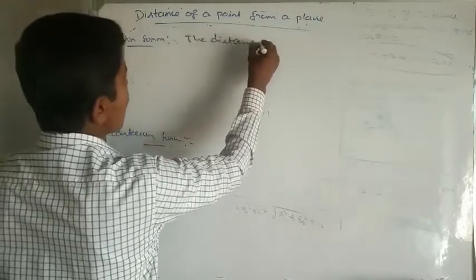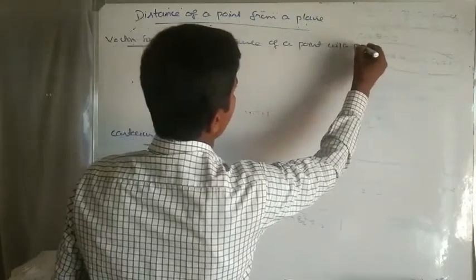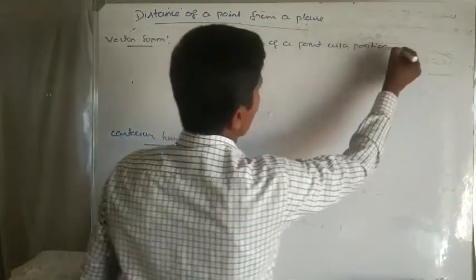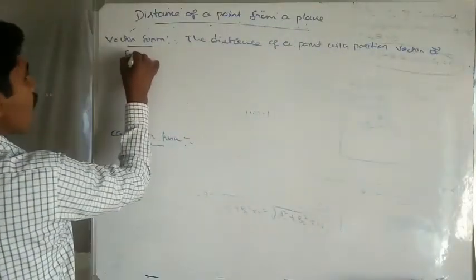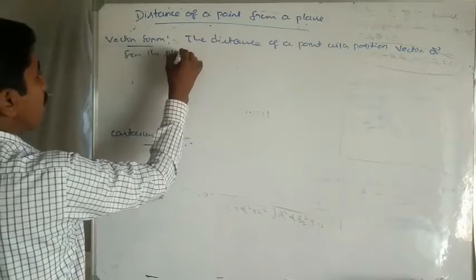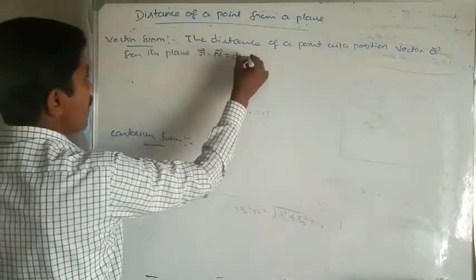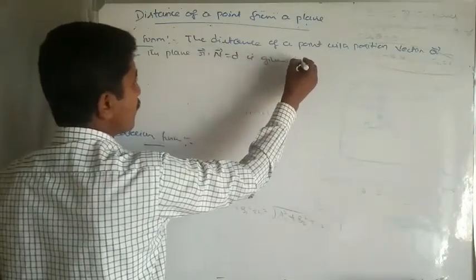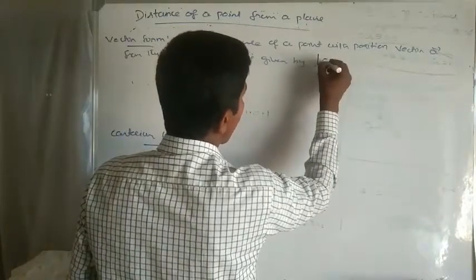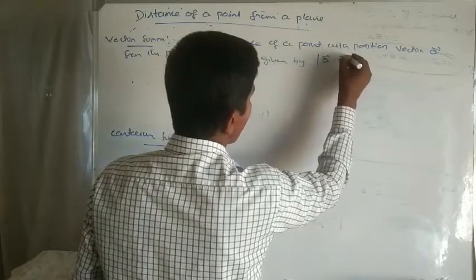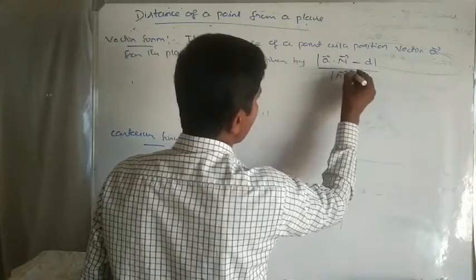The distance of a point with position vector A from the plane vector r dot vector n is equal to d is given by modulus of vector a dot vector n minus d divided by modulus of vector n.